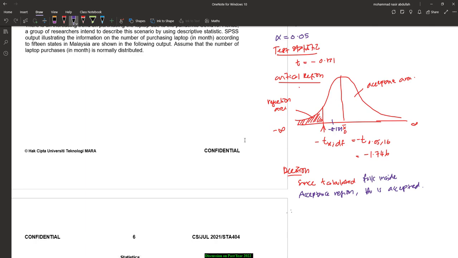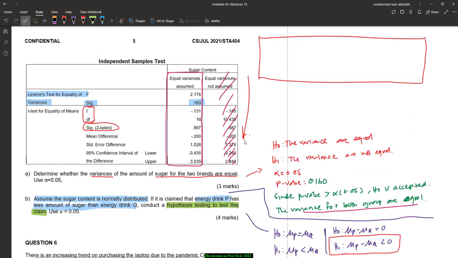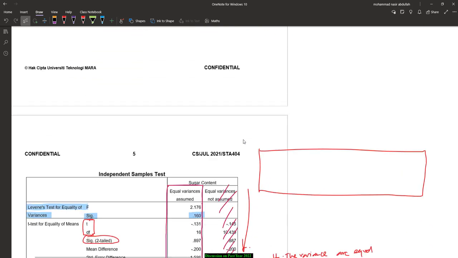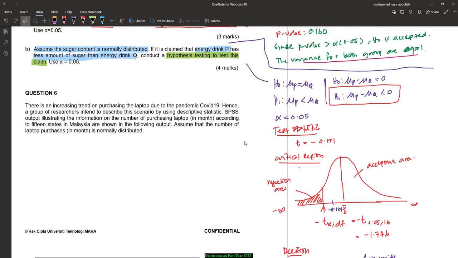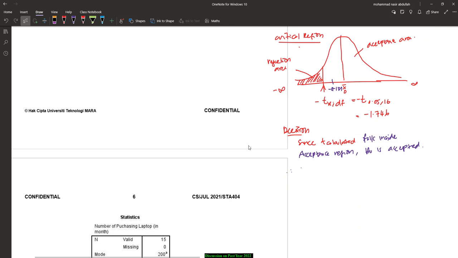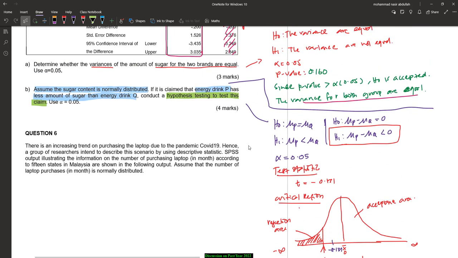So the conclusion: the sugar content of brand P and Q are equal, based on our test.